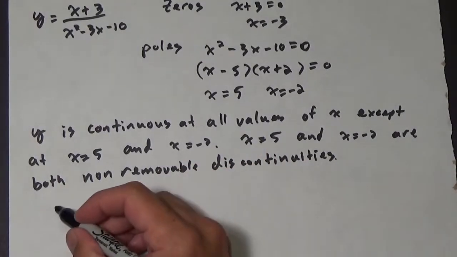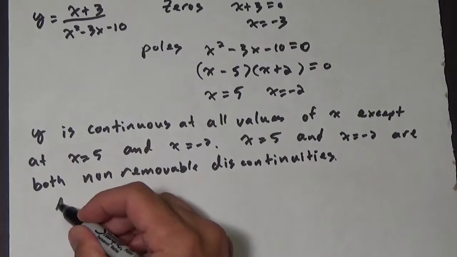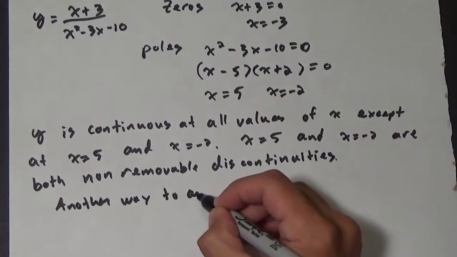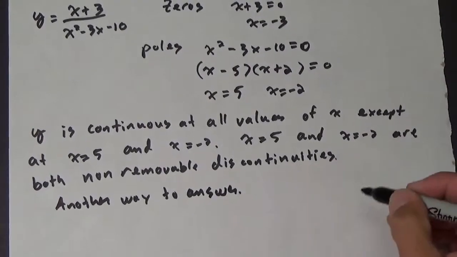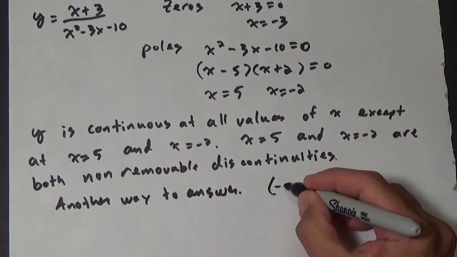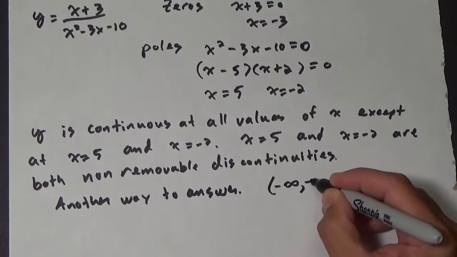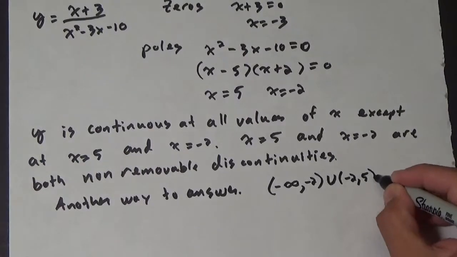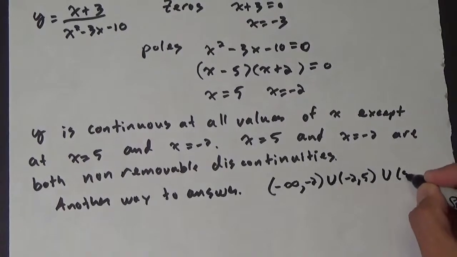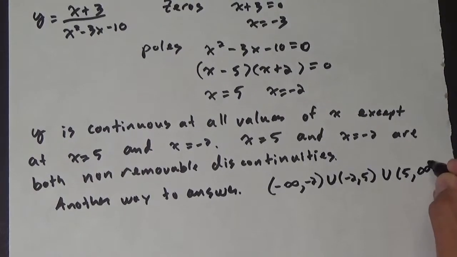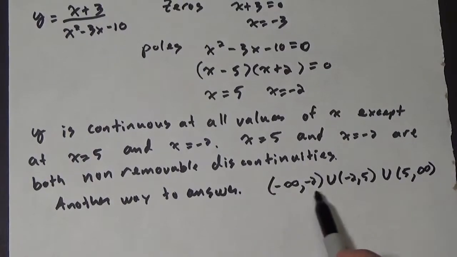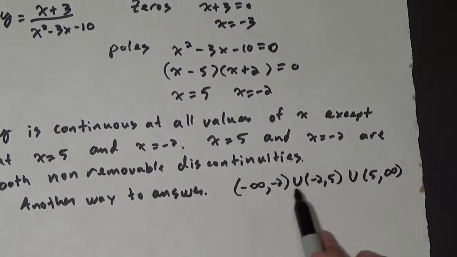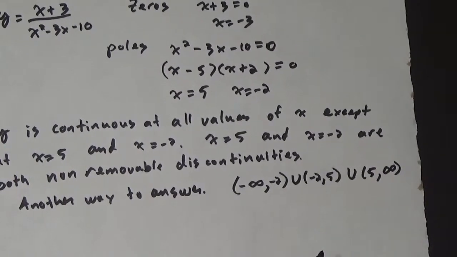So another way to answer is by saying negative infinity, negative 2, union, negative 2, 5, union, 5, infinity. Notice how basically we're saying it's continuous everywhere but negative 2 and 5. So that also works.